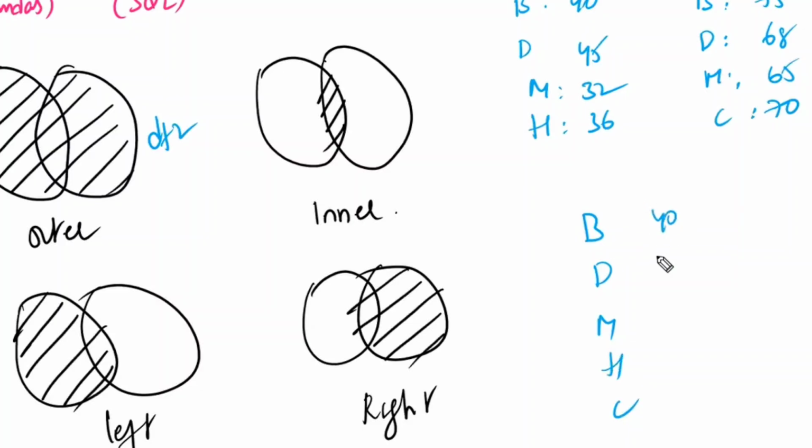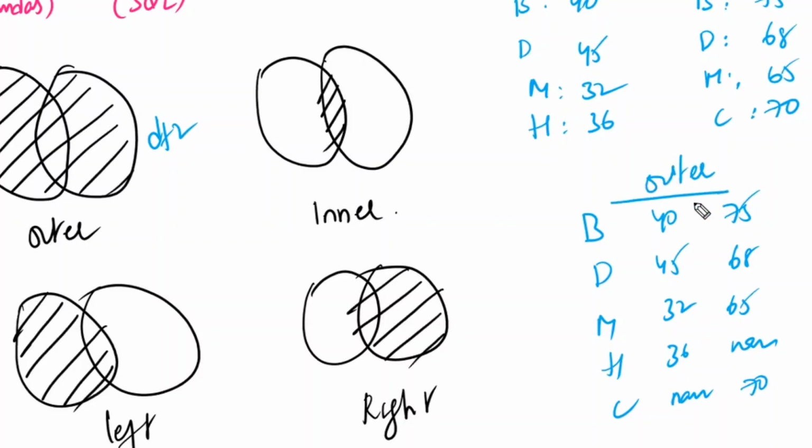Now Bangalore 40, 45, 32, 36 you are having, and this is none. Next, humidity 75, 68, 65, and this is none. With respect to this one is 70. This is called as outer join. Outer join means everything. Considering everything is called as outer join.